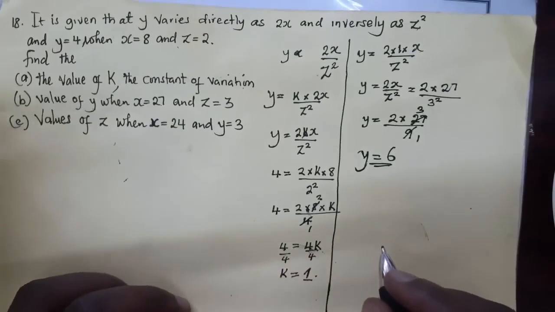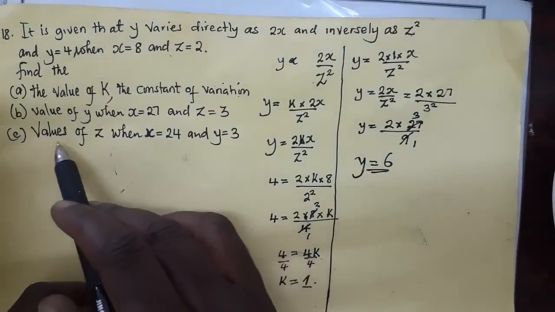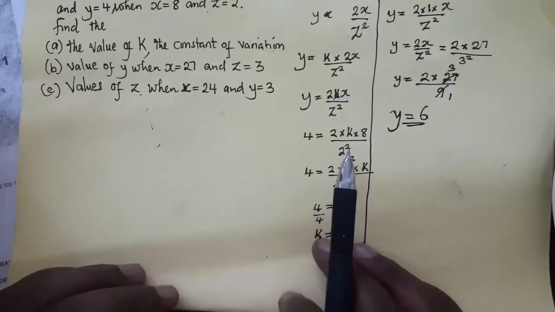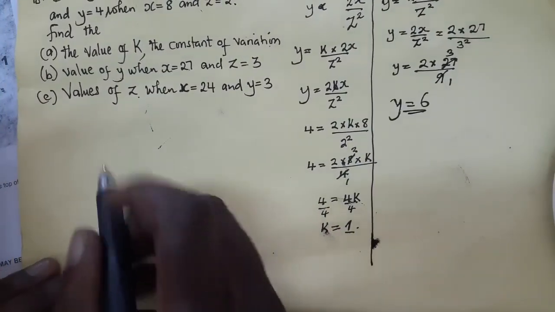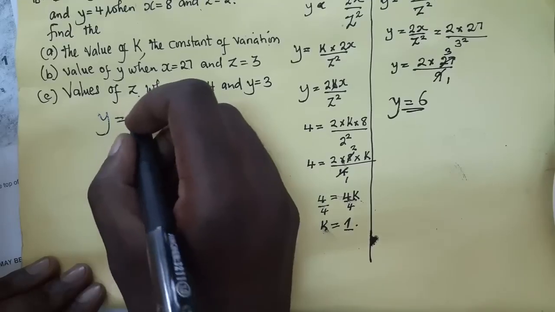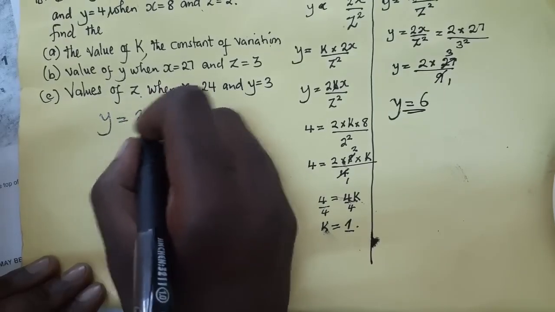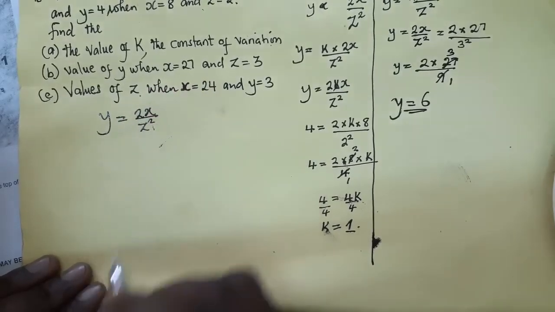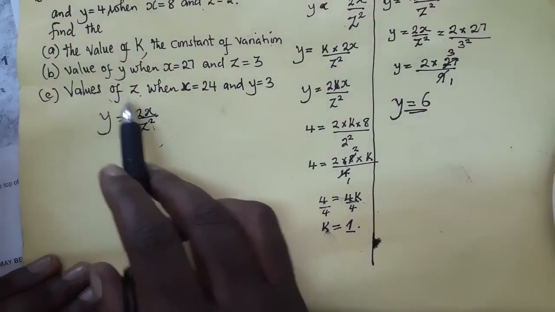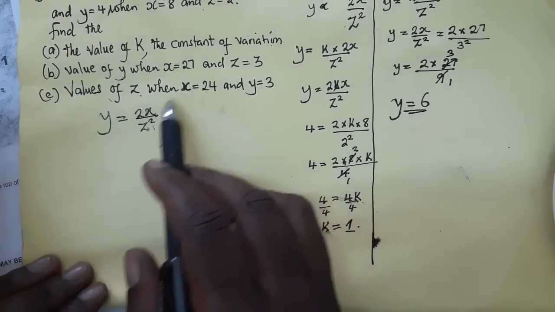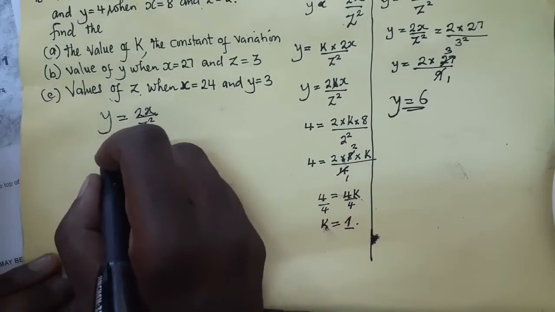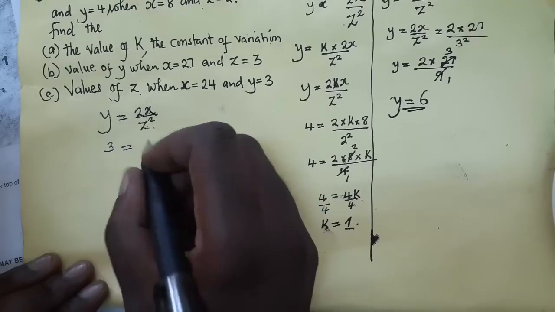Then the last one is find the values of z when x is equals to, remember we are using this same equation, 2x over z squared. All right. So we want to find the values of z when x is equals to 24 and y is equals to 3. So where there is y, I'm going to put 3.